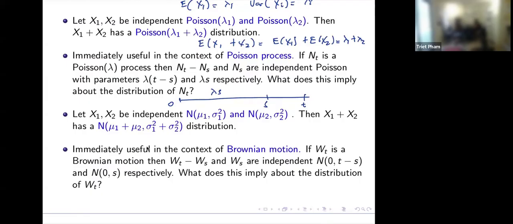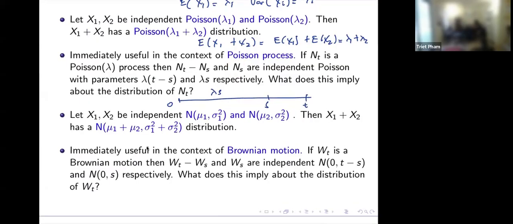But of course, the actual number of arrivals, which is denoted by N sub S, is a random variable. It is a Poisson random variable with this rate.